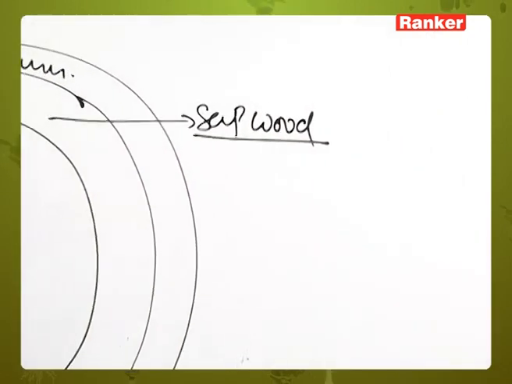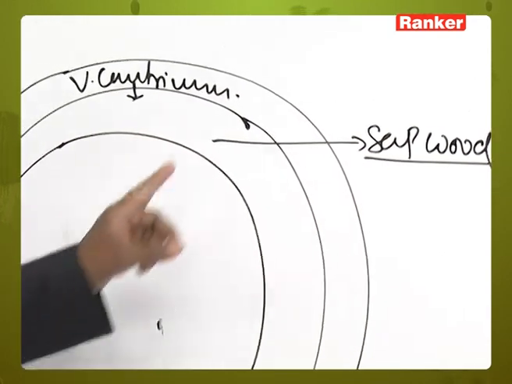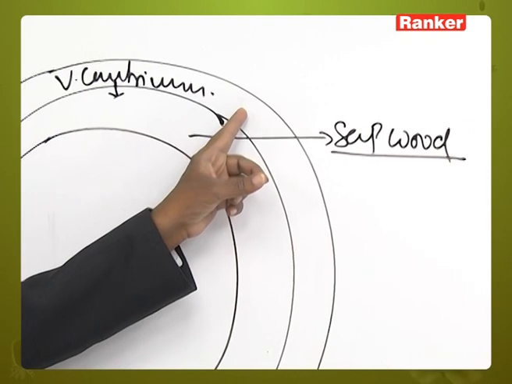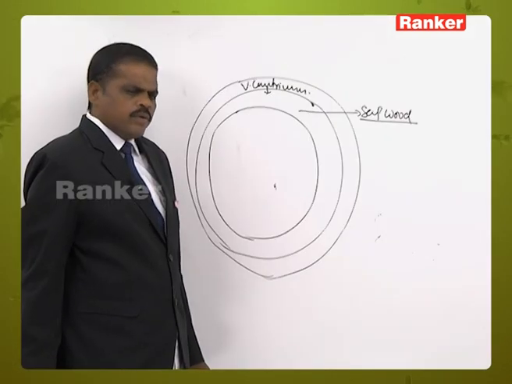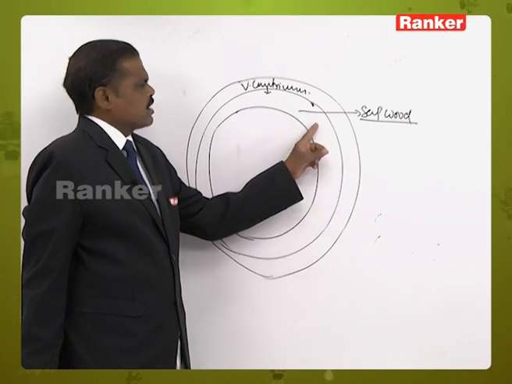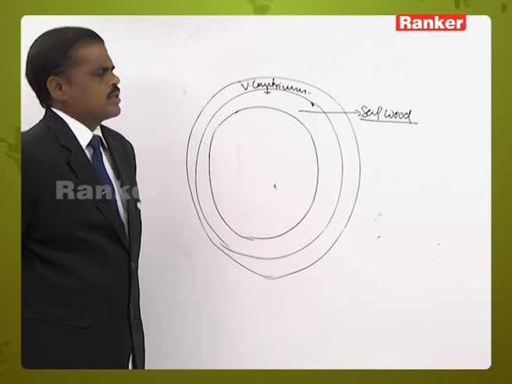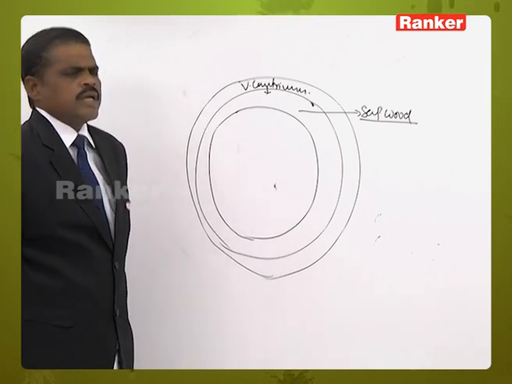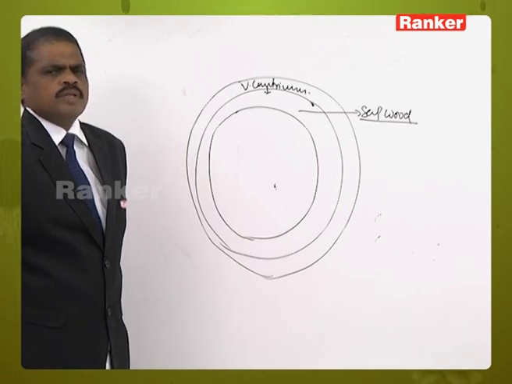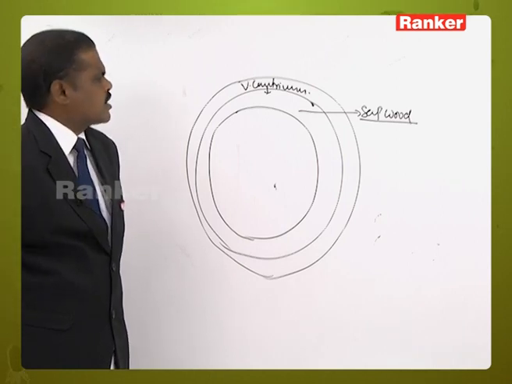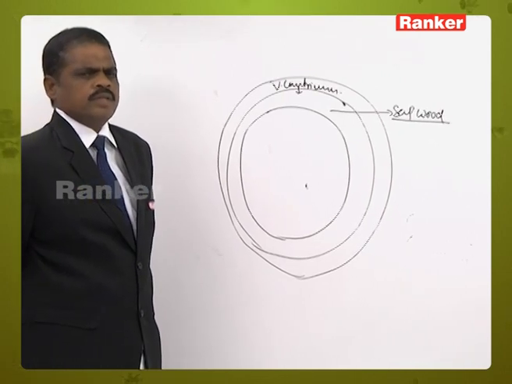The wood which is newly formed from vascular cambium, the wood which is peripheral, is called as sapwood. It is the peripheral wood, just inner to vascular cambium. It is newly formed wood. That's why it is on the inner side to vascular cambium. This wood is called as sapwood.